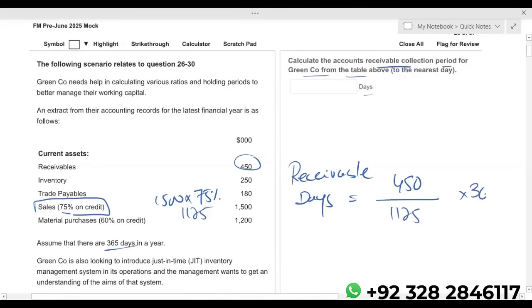Take 365 given in the question. So 450 divided by 1125, times 365. A pretty straightforward question. I like it. 146 days. Wow. Straightforward, no issue at all. Just write the formula, get the answer.